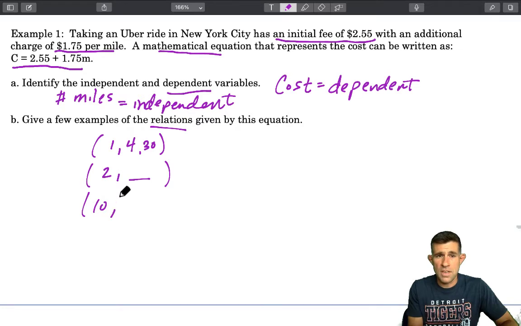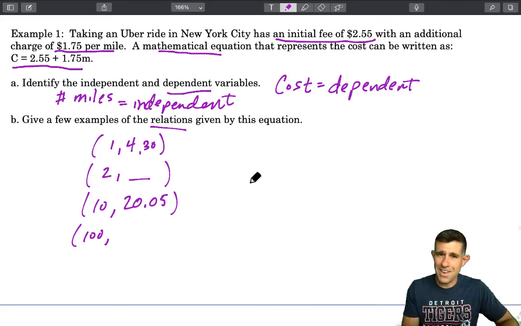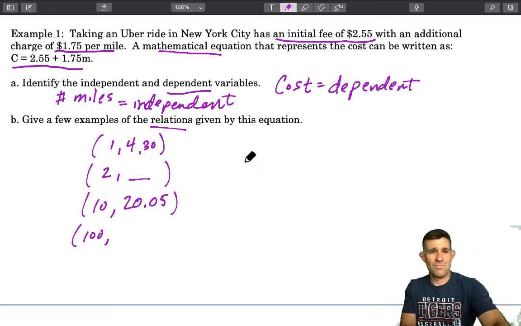I could do 10 miles, and that would now be, let's quick do that math, $20.05, so on and so forth. And these are all going to be relations, and this relation will form a function because there will be no repeated x values here. However, some numbers that you couldn't put in for m would be like negative numbers because you couldn't hop in an Uber and drive a negative amount of miles.